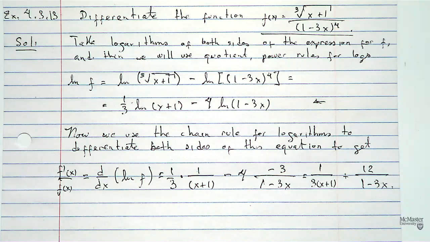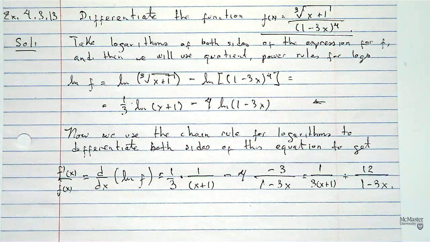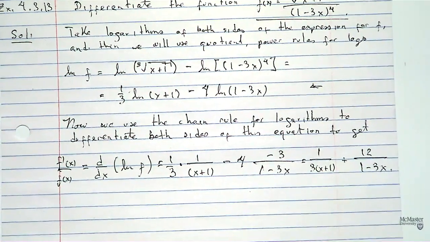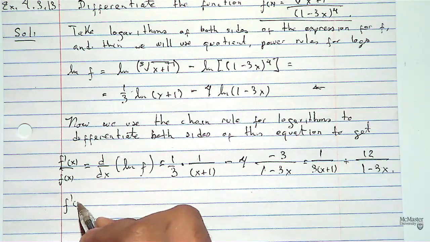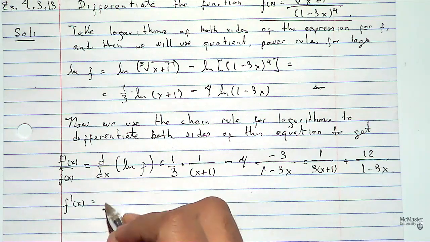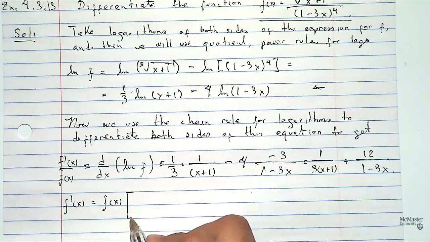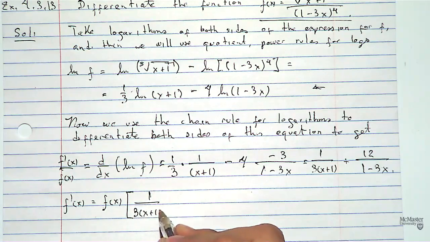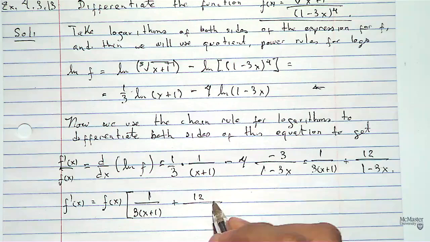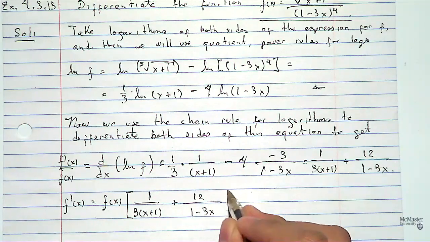And life is good. It's getting pretty simple. And in fact, I can pass f to the other side. So I would have f prime of x equal f of x times 1 over 3 times (x plus 1) plus 12 divided by 1 minus 3x.